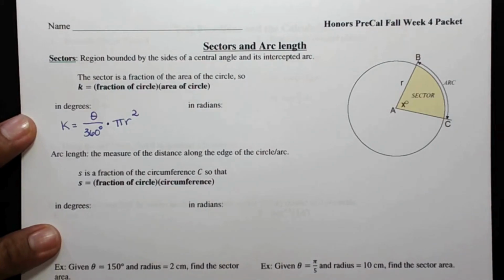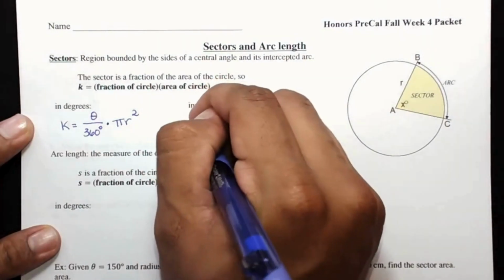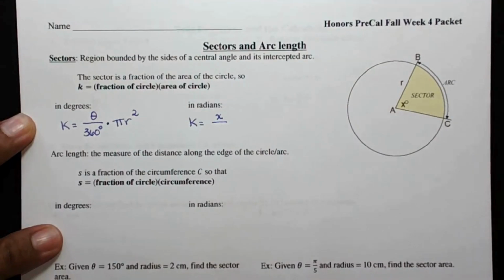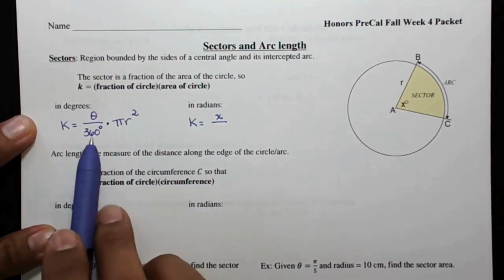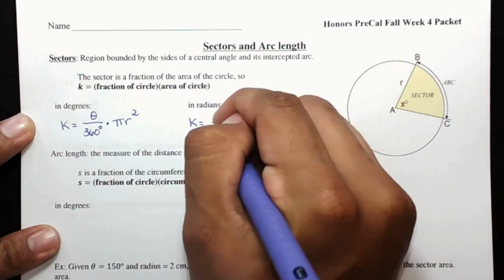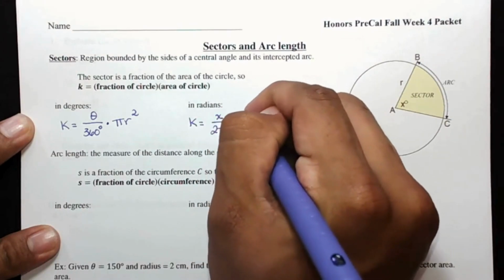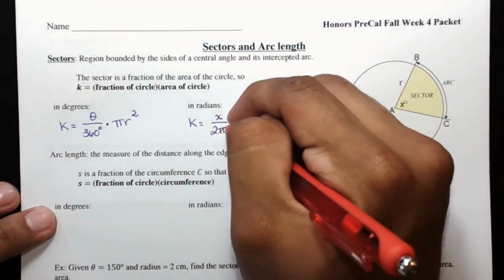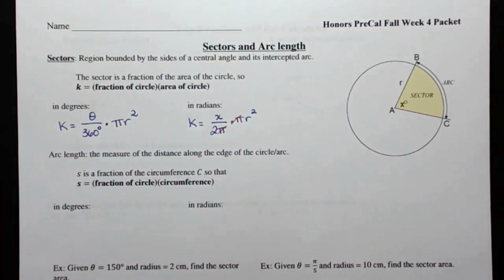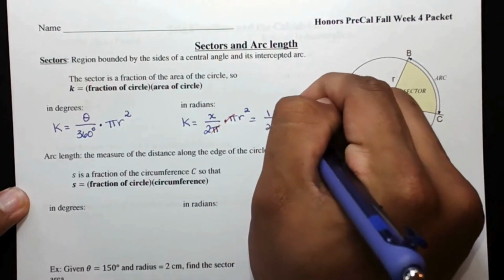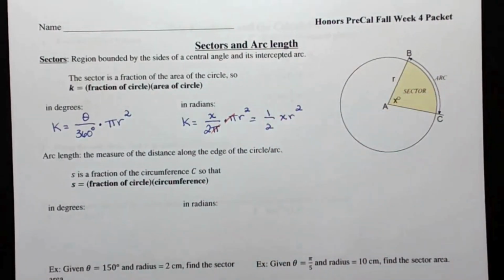Well, what about radians? With radians, we usually like to use the letter x instead of theta. Theta is usually dedicated to degrees. If we're changing this to radians, we know that 360 degrees is the same thing now as 2 pi. So what ends up happening here? The pi's cancel out, and instead of seeing it as x over 2, I'm going to rewrite it as 1 half x, which represents the radian measure.